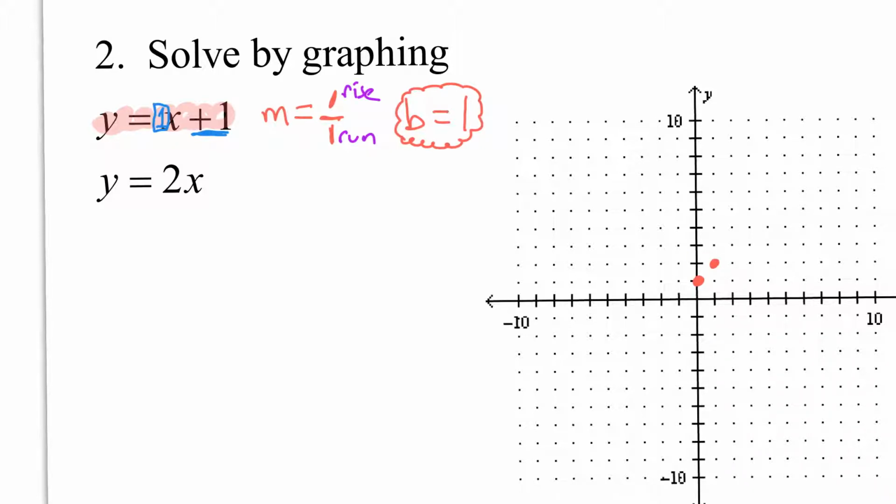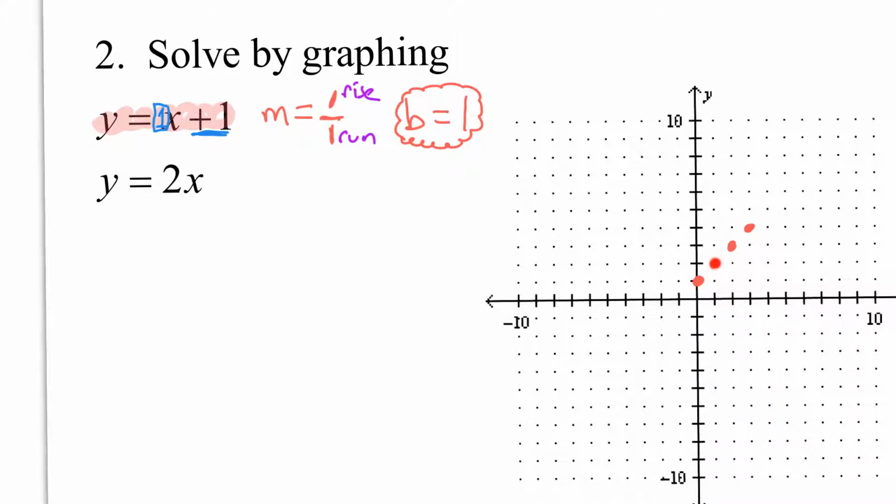Now, it's a good idea when you are solving a system by graphing to make more than 2 points. Maybe 4, 5, 6. The more points you have, the more accurate it's going to be to help you find the answer. So I'm going to go 1 up again from here, 1 to the right. I'm going to make more points: 1 up, 1 to the right. And you can also go the other way from the y-intercept.